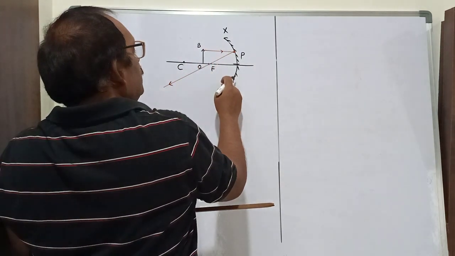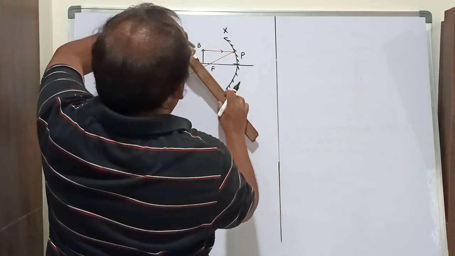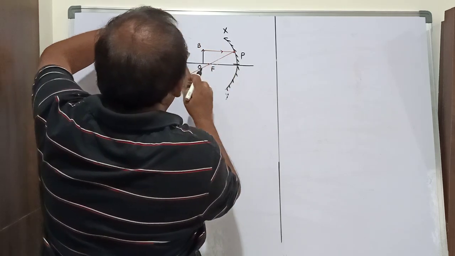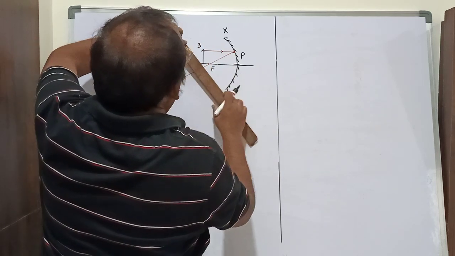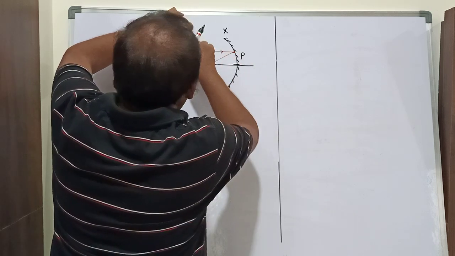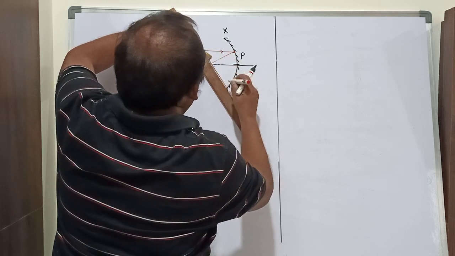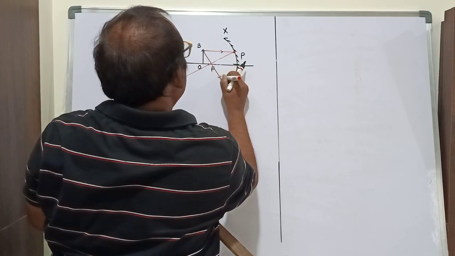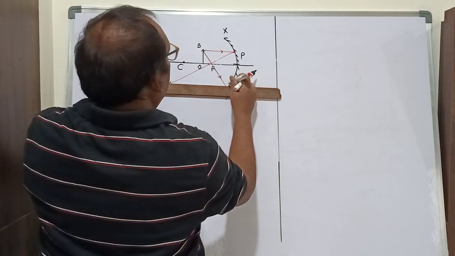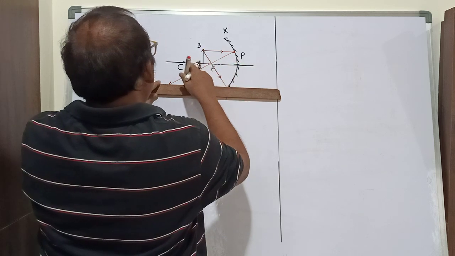A ray passing through the principal focus is afterwards rendered parallel to the principal axis. See now, this is rendered parallel.